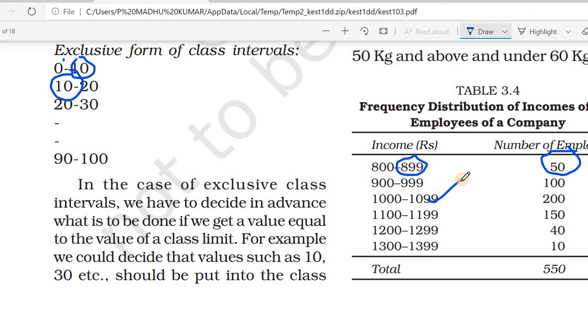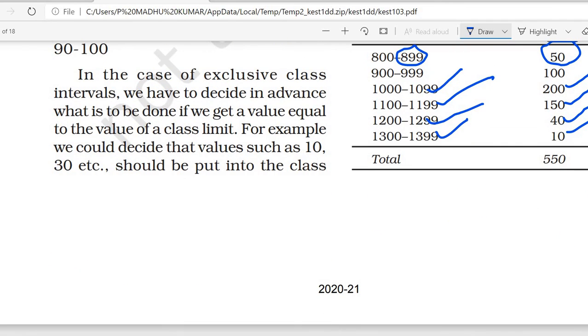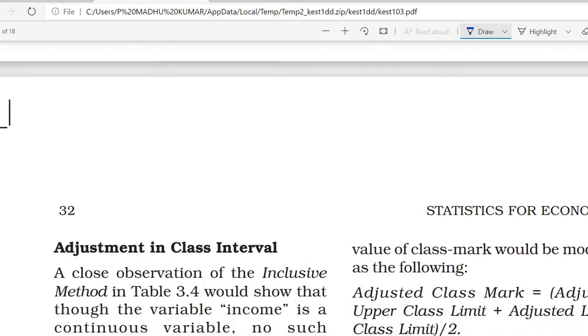Okay, if it is 1099 then we will calculate in this class. If it is 1199 we will include in this class. If it is 1299 we will include in this 40. If it is 1399 we will include in this class.